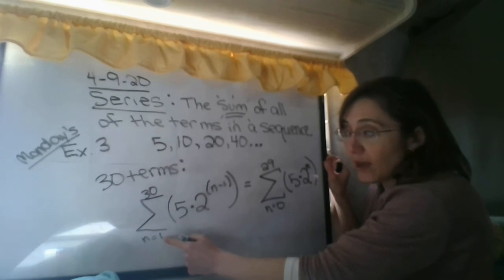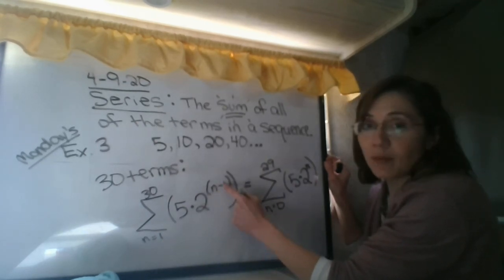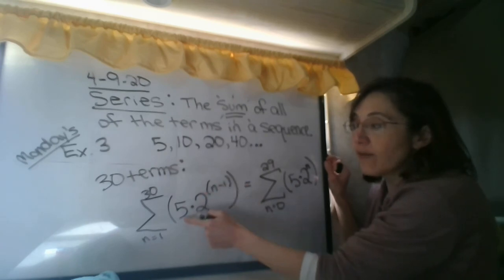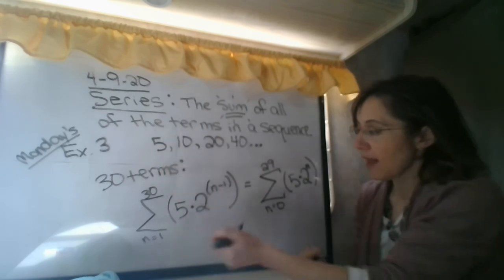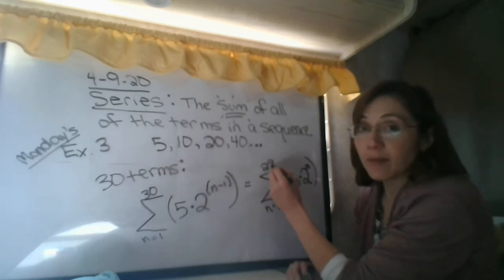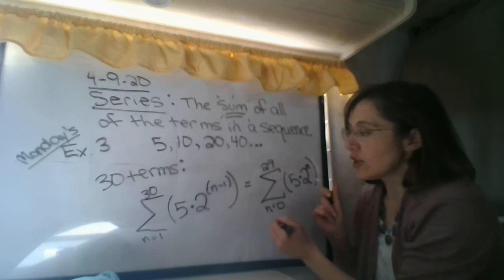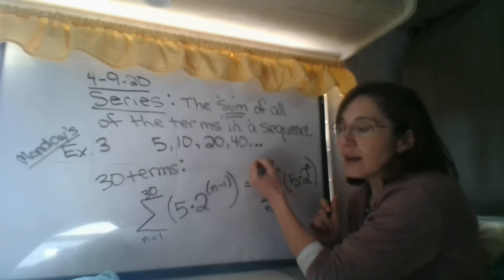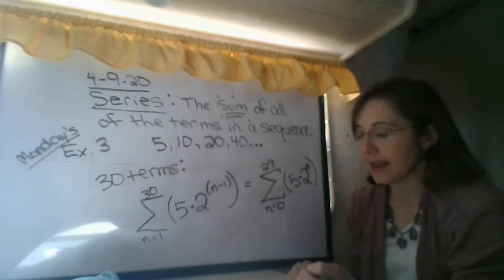If I plug the 1 in here, 1 minus 1 is 0. 2 to the 0 power is 1. 5 times 1 is 5. So both of these give you the right first term. The second one would have to stop at 29, because if I've already used a 0 to get 30 terms, I would have to go up to 29. 1 to 30 or 0 to 29, both of them have 30 terms in them.